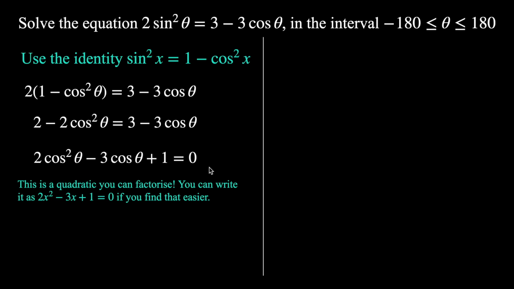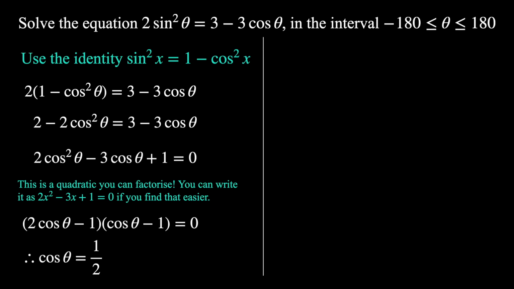So we get 2 cosine theta take 1 multiplied by cosine theta take 1 equal to 0. Double check, expand it out, make sure you get this equation. So once we've factorized, we can say that cosine theta equals a half or cosine theta equals positive 1. Okay, so this is just a general process of solving quadratics or factoring quadratics. You should know this from GCSEs.